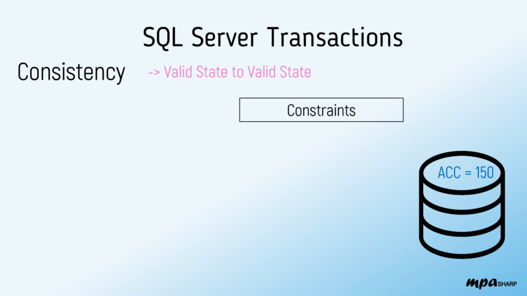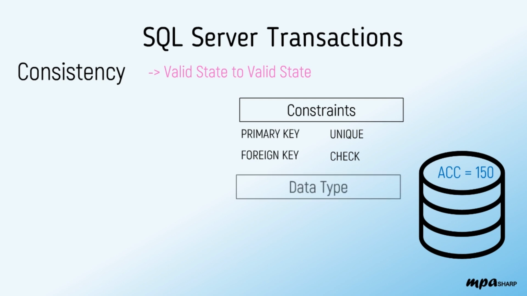These rules include constraints like primary key or foreign key, unique constraint or check constraint. For example, a check constraint could be that a balance must be greater than 0. And other constraints like data types.